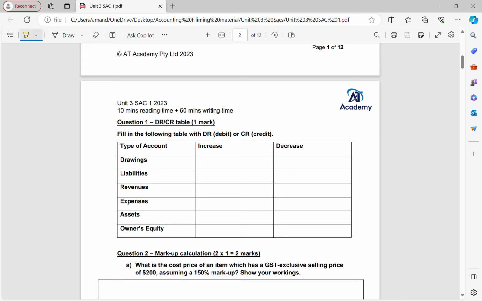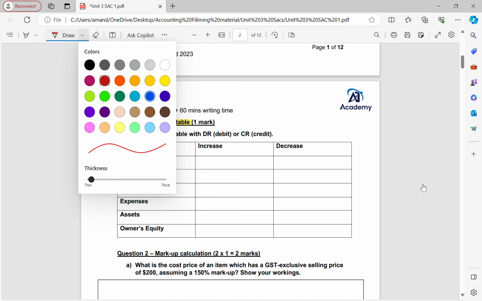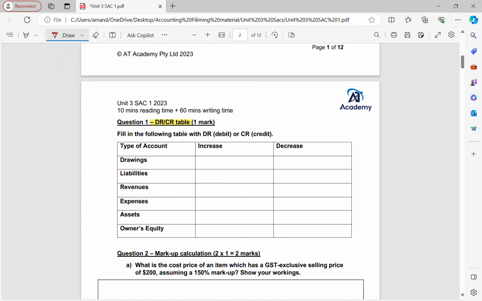In class, we learned an acronym, DELA. I usually split it down the middle, and whenever drawings, expenses, and assets increase, it's going to be a debit on this side. So whenever these guys increase, it's going to be a debit.